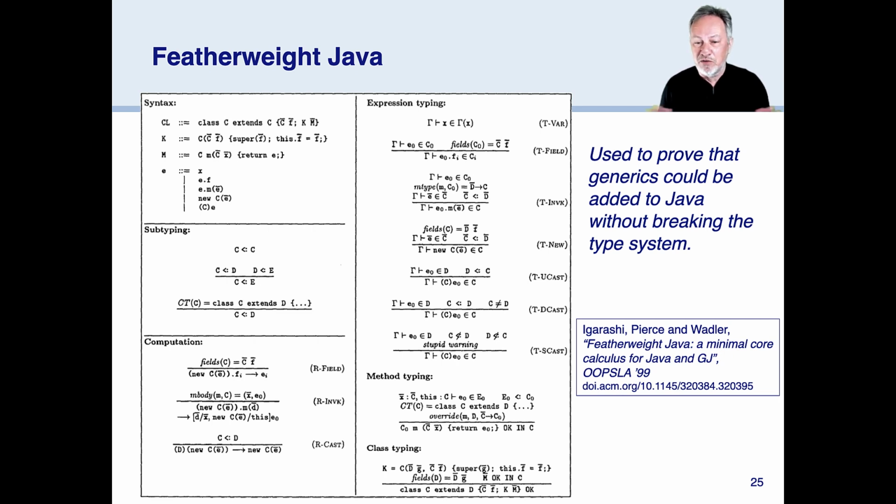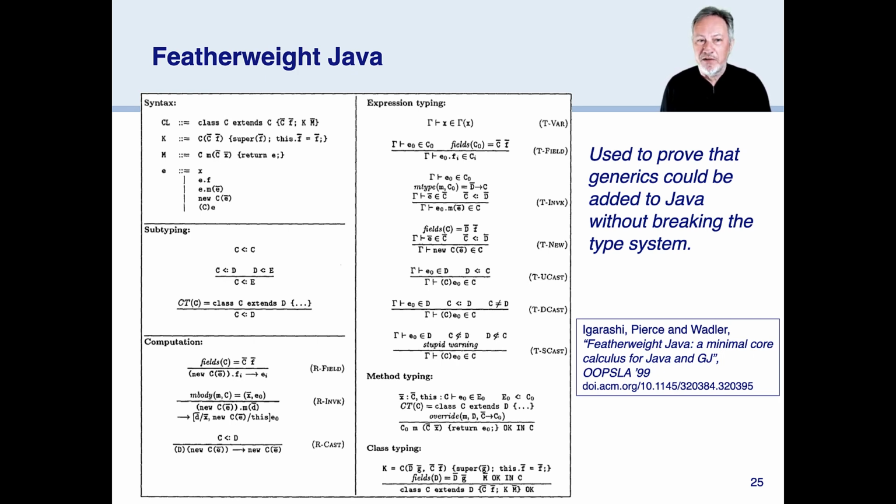So I don't expect you to be following all of this. It's just to point out that all that we're doing here in Featherweight Java is building up kind of a lambda calculus, which is modeling parts of what is going on in Java.